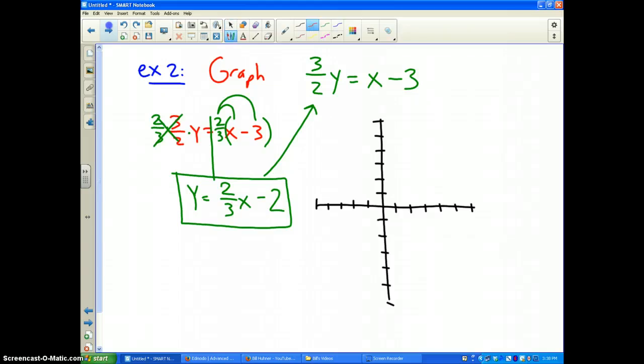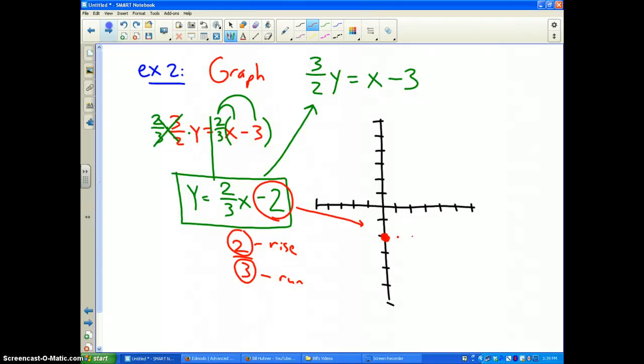And there is my same equation, written in slope-intercept form. As I mentioned, the first thing we do is plot the y-intercept. On the y-axis, I'm going to put a dot at -2, because that is my y-intercept. And I see my slope is 2/3, which is rise over run. So from this dot that I've already plotted, I'm going to run 3, which is 3 to the right, and then rise 2.